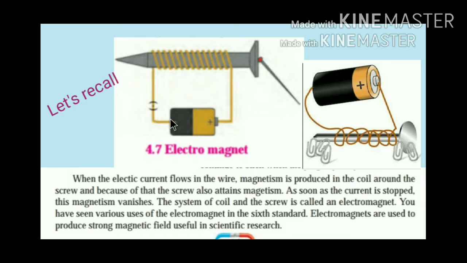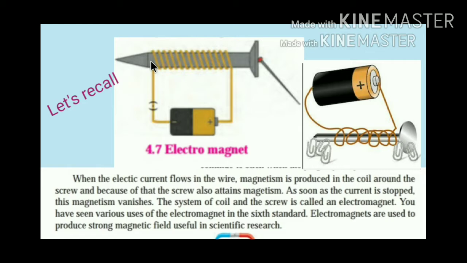So this is a battery. We join this coil around this nail or screw, and when we start the current, this screw also attains magnetism. As soon as we stop the current, the magnetism vanishes.